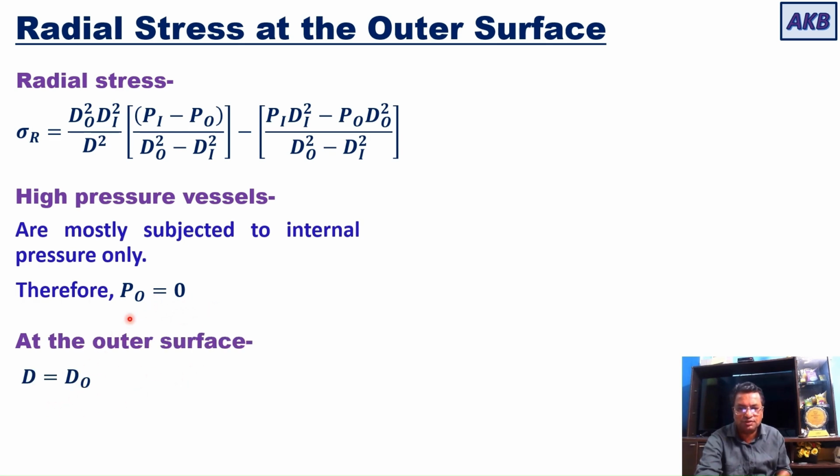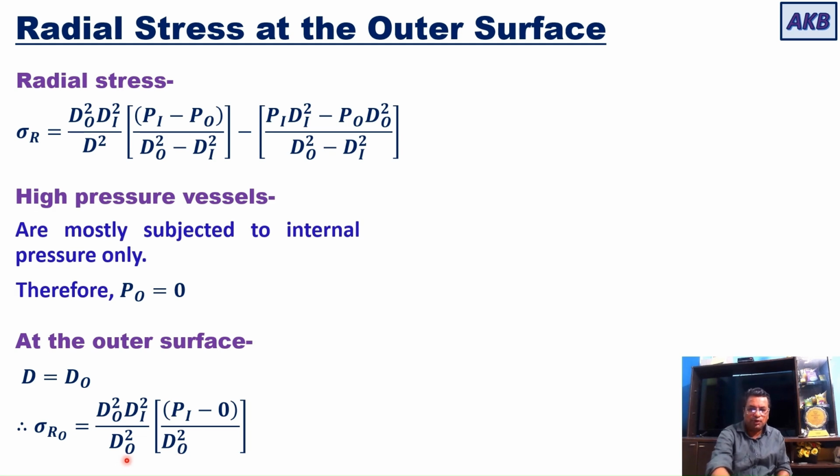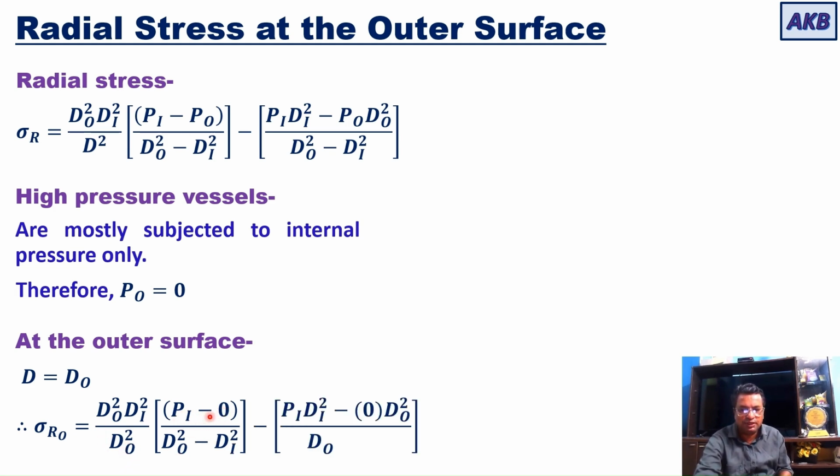So if you use these values in this equation, you get sigma Ro is equal to do square into di square upon do square, D is replaced with do, into (Pi minus Po is 0, so Pi minus 0) divided by (do square minus di square) minus Pi di square minus Po is 0 into do square upon (do square minus di square).